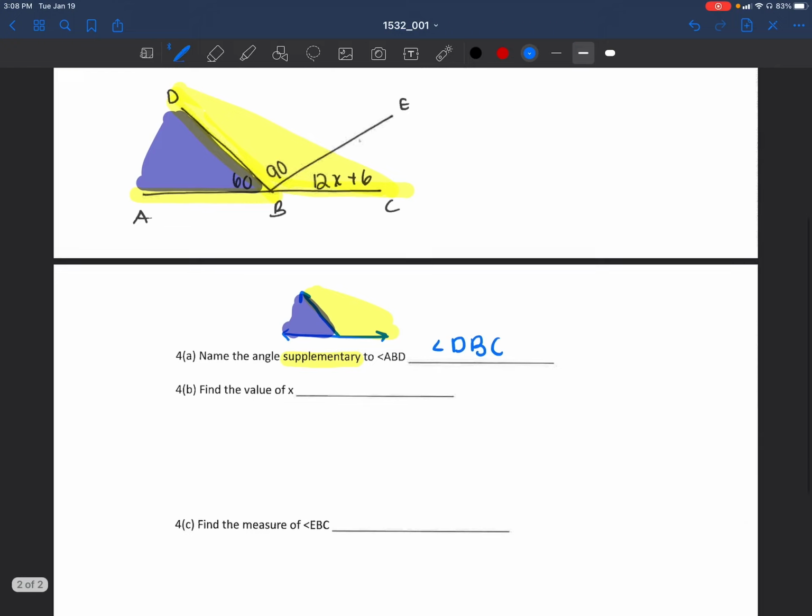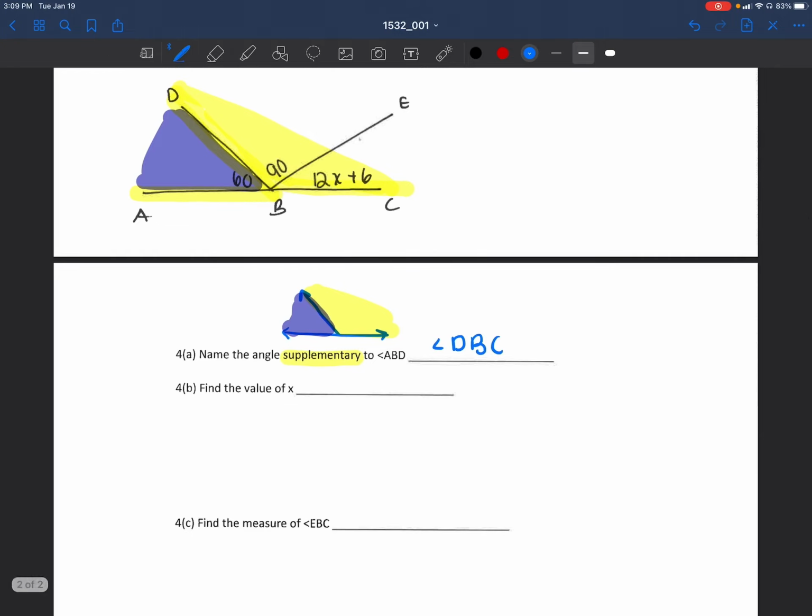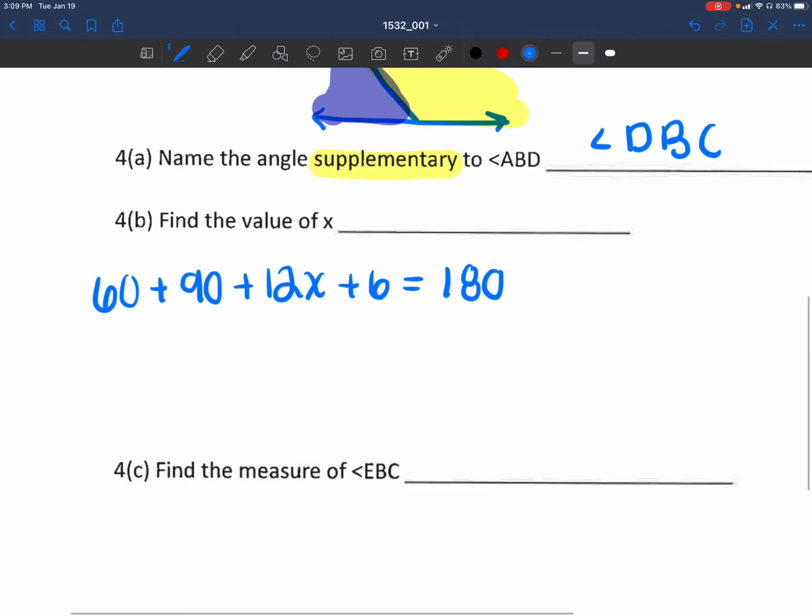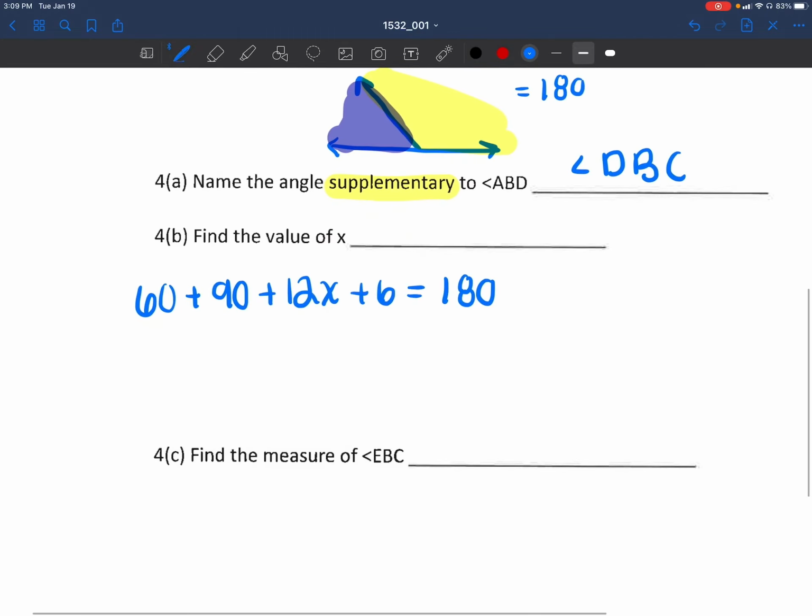Now this says find the value of x. Well, we know that a supplementary equals 180. So we have 60 plus 90 plus 12x plus 6. All of that equals 180. Now let's combine like terms. We have 60, a positive 90, and positive 6.